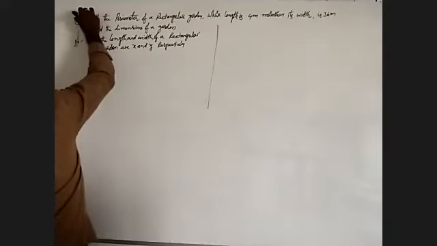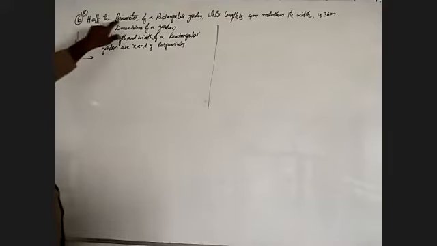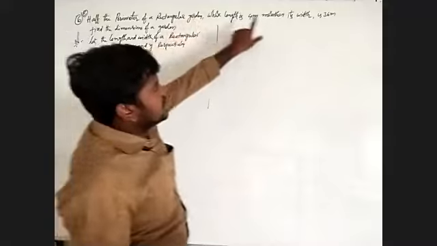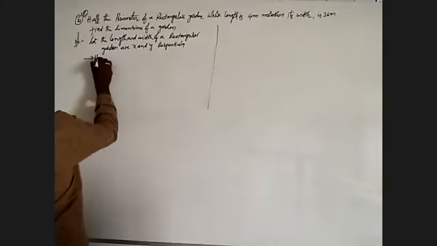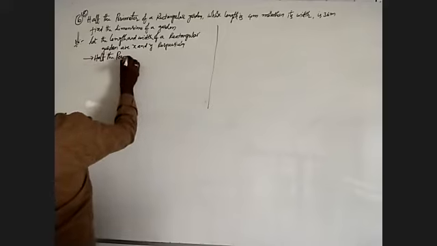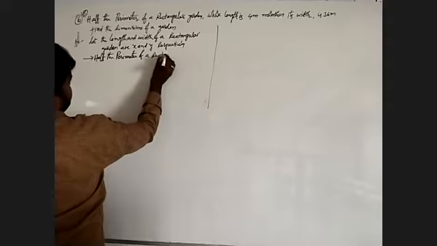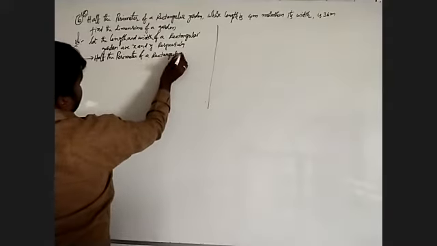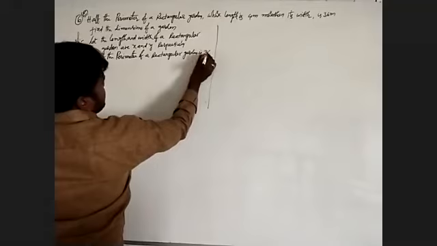This is most important for 4 marks. What is the first statement given? The perimeter of the rectangular garden is 36 meters.